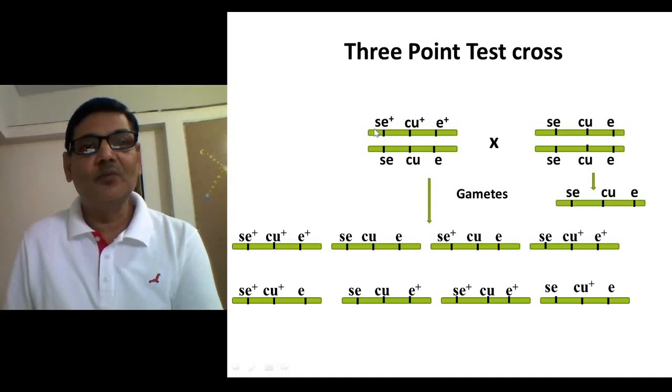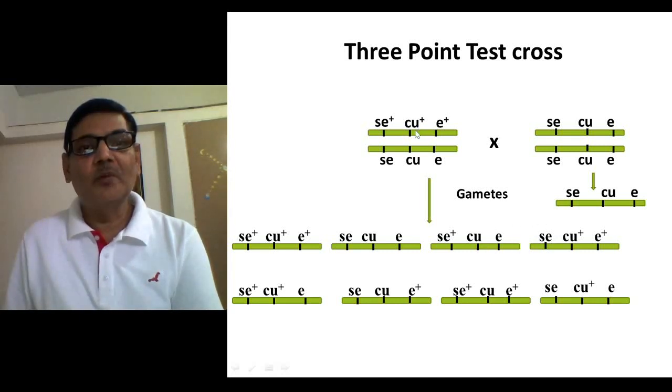One gamete will have this chromosome sc plus, and then because of crossing over, the rest of the portion from this chromosome will come, so it will be cu and e. So sc plus, cu and e, and the other will be sc and the upper portion, that is sc included with cu plus and e plus. So these 2 gametes will be formed due to crossing over between sc and cu.